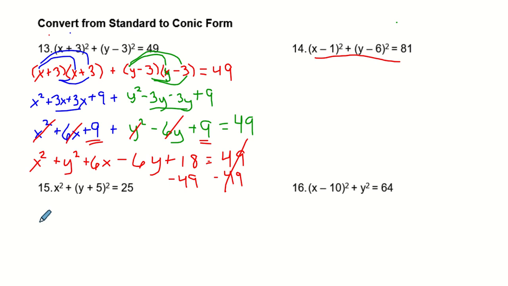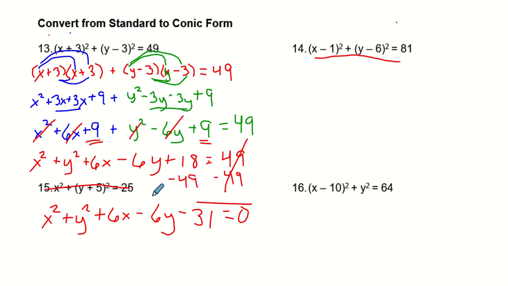So then the final answer from going from this standard form to conic form, and again, this is not for the 15, would be x squared plus y squared plus 6x minus 6y. And then 18 minus 49, what is that? Negative 31, I think. Check my math, I may be wrong. Equals 0. So this would be the conic form.